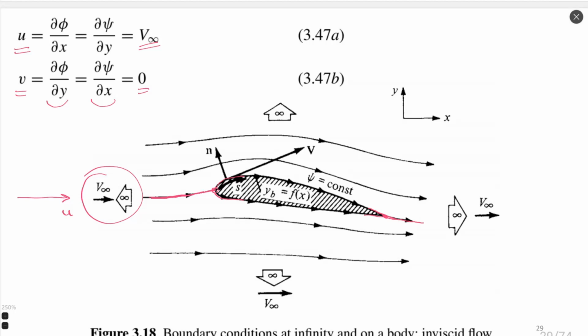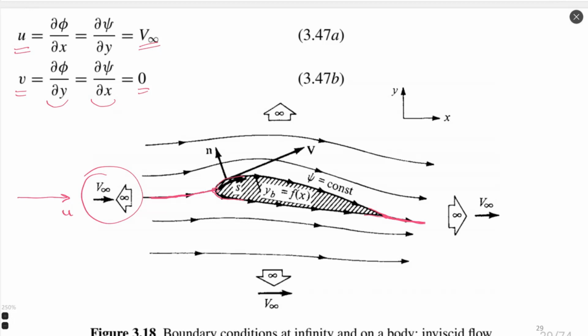Such a case we may see when there is no flow separation, so we cannot describe, for example, stall conditions. It's not a stall condition, it's a relatively small angle of attack. Our streamline splits on the upper and lower side of the airfoil, joins again at the trailing edge and goes to infinite distance.